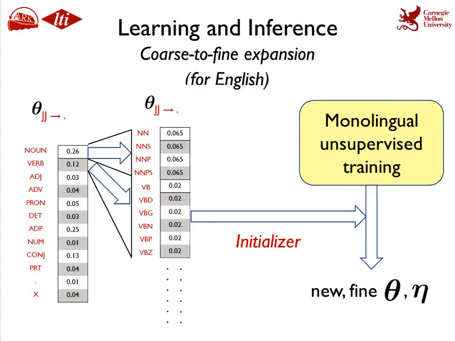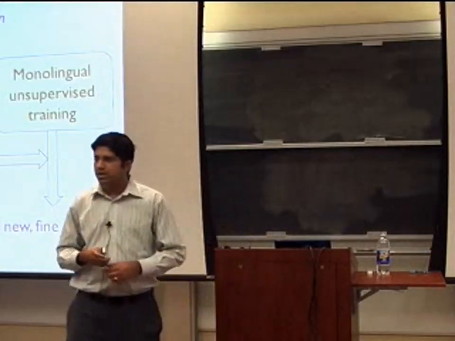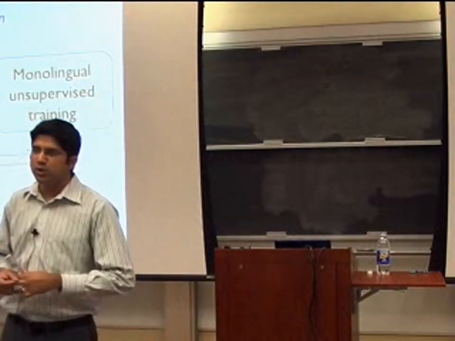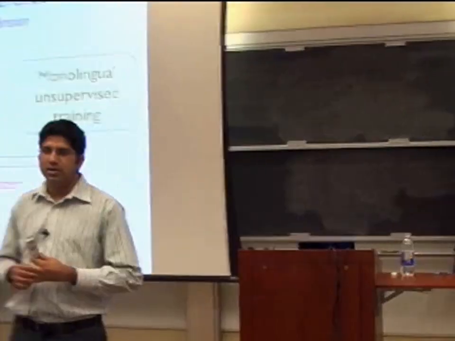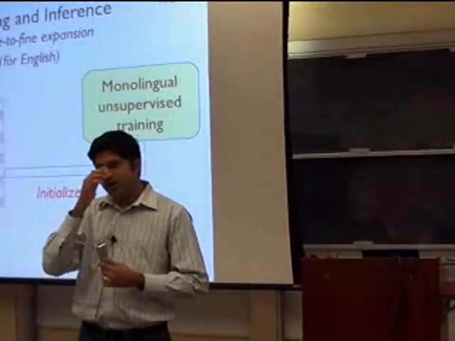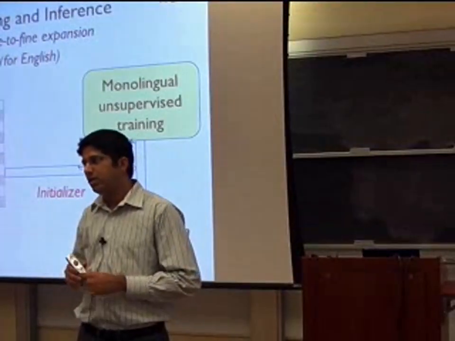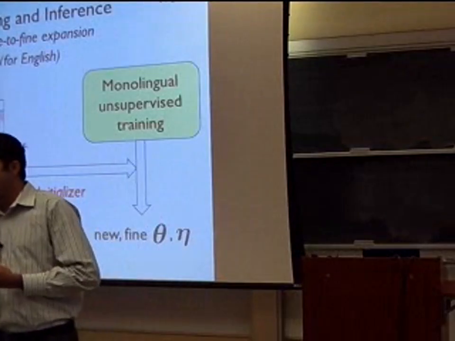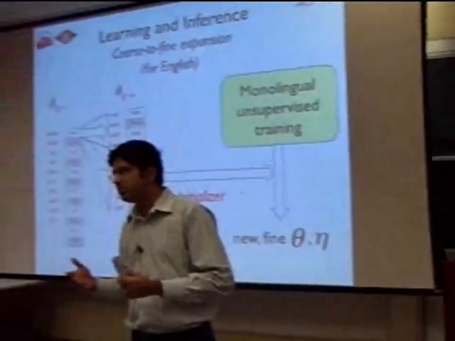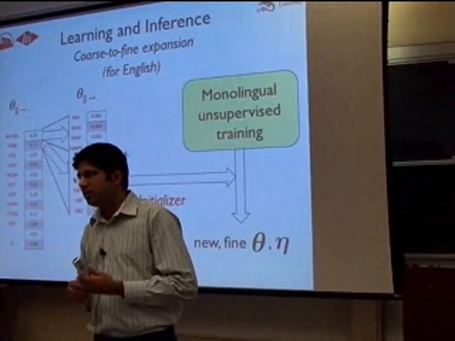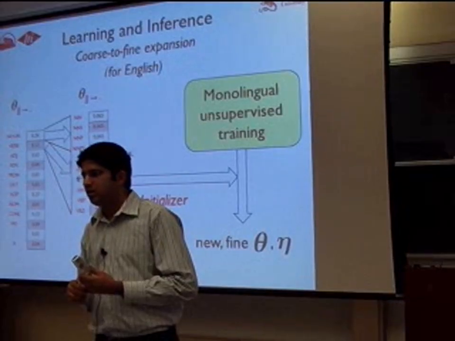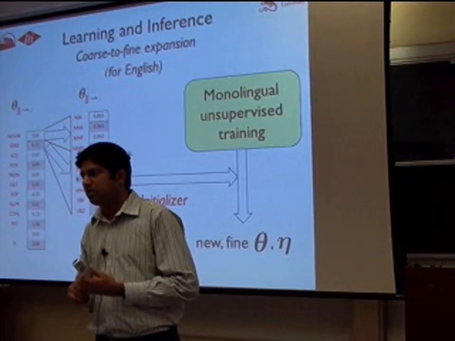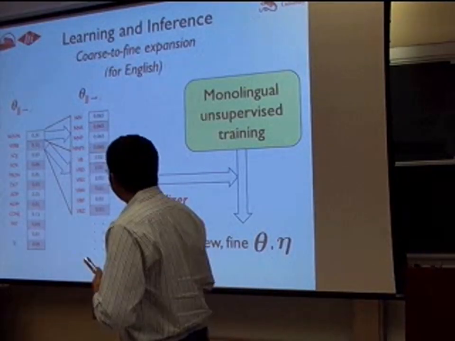Sorry, what breaks the symmetry of the unsupervised training? In terms of the log linear model that we have for part of speech tagging, we just do random initializations for many runs. So singular and plural noun phrase might come out backwards. What you're saying is you don't initialize exactly to 0.065.